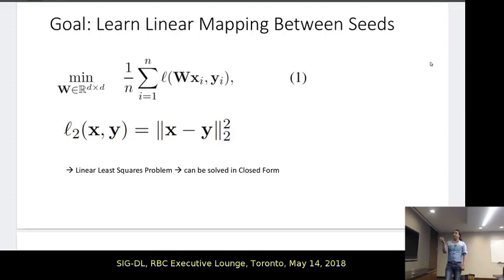So basically you have a loss function and you want to minimize it. Your loss function can be the L2 norm or the squared L2 norm. But we'll see that it leads to the hardness problem, and we'll see what that problem is in a bit. It results in a linear least squares problem and can be solved in closed form.